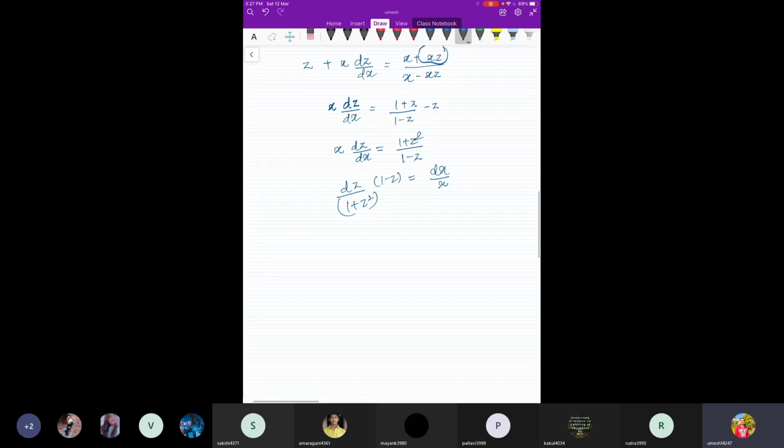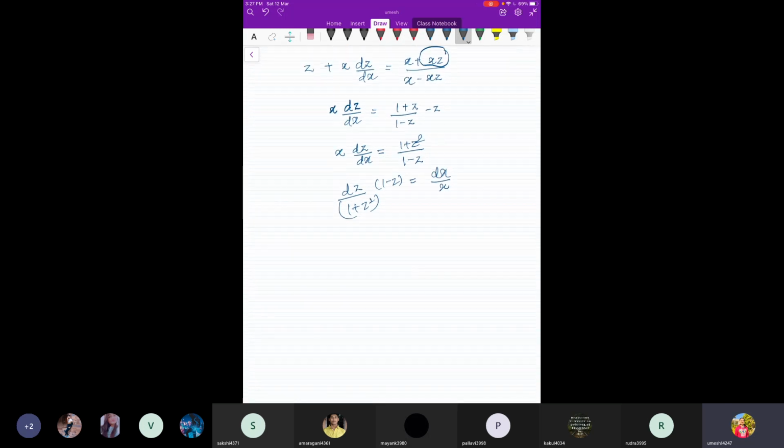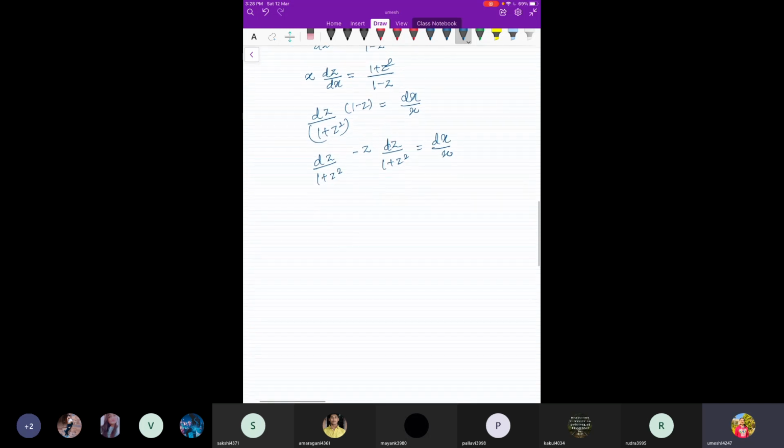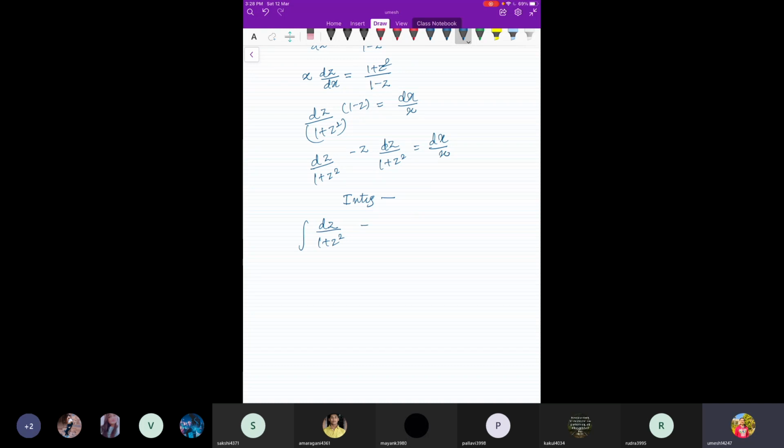We can write it, solving it further, as dz upon 1 plus z square minus z times dz upon 1 plus z square equals dx upon x. Okay, now we will be integrating it.